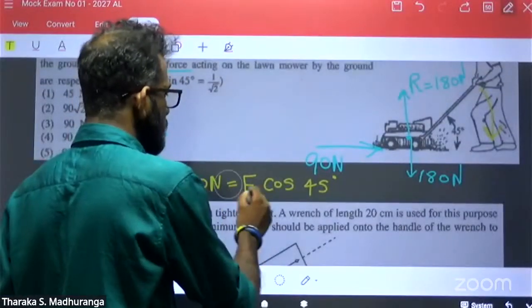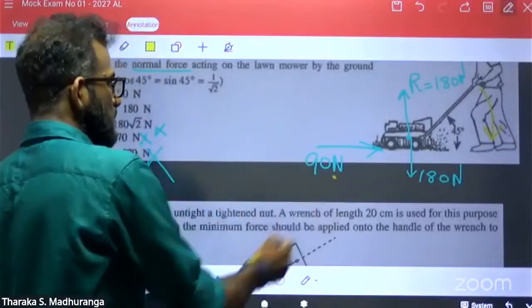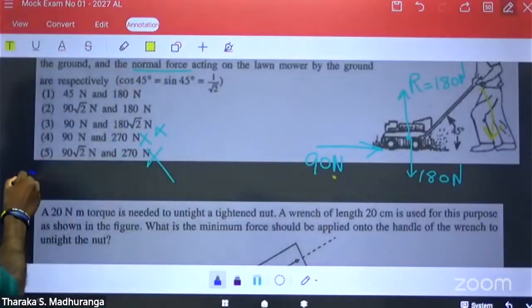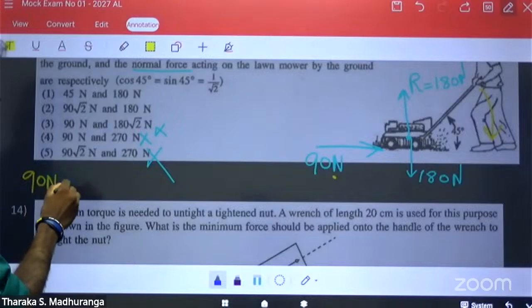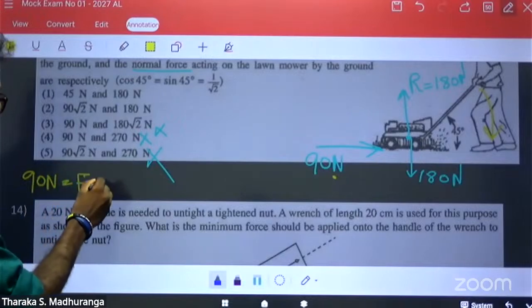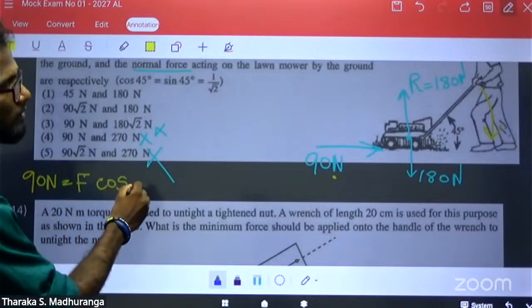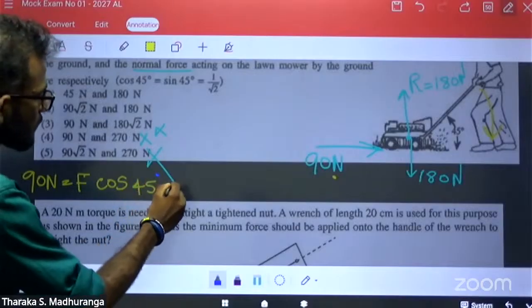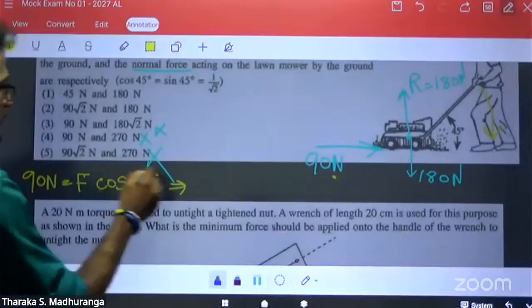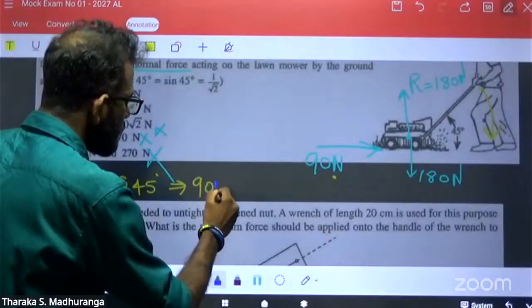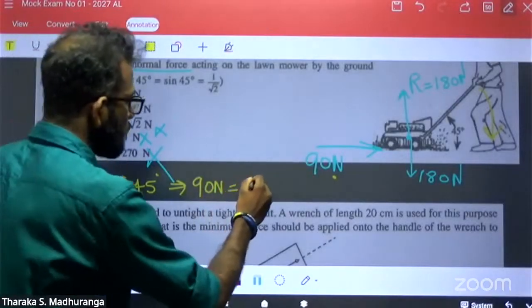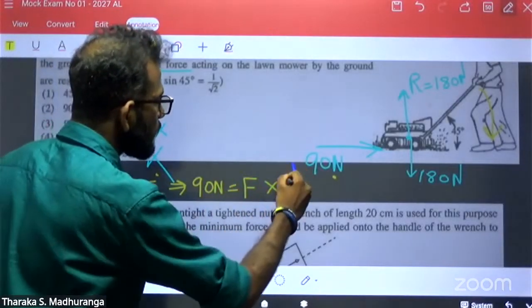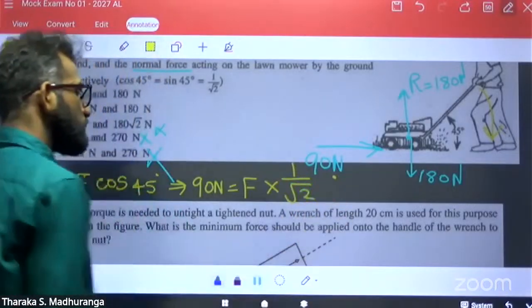I will write here. 90 equals F cos 45. It is 90 Newton equals F cos 45, which means F times 1 over root 2.